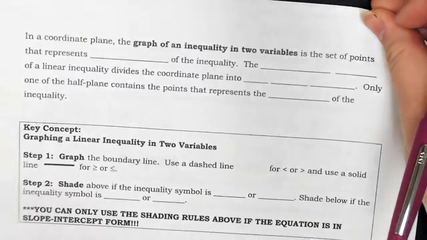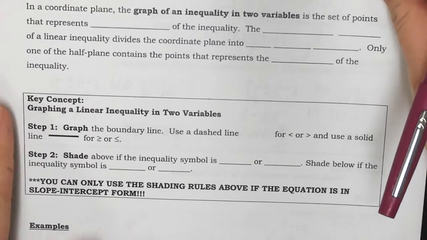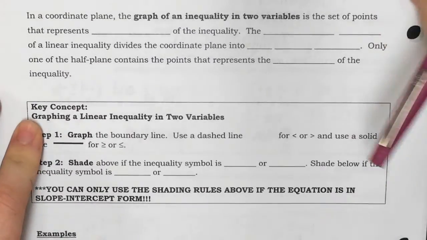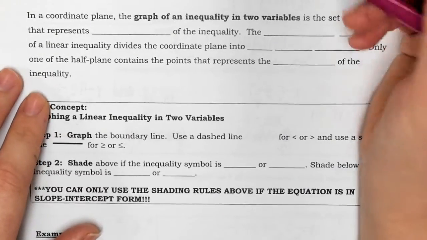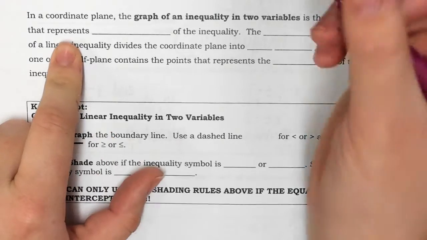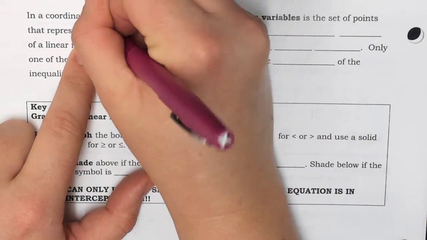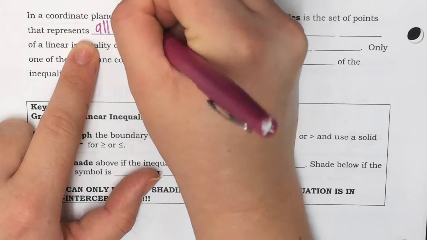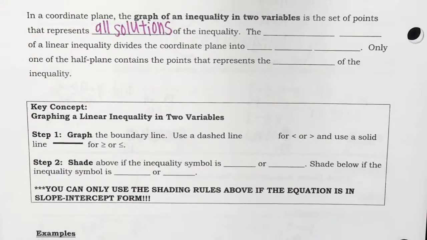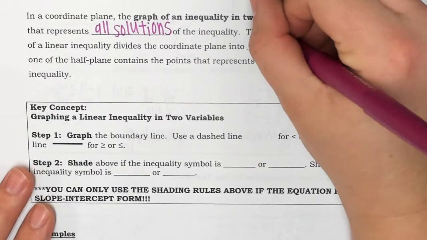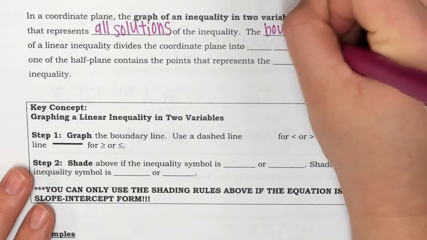Okay, go to the next page. So when we're graphing these linear inequalities, it is going to represent the set of points of all solutions. So we're going to be able to graph whatever would be a solution to this equation. The line we are going to draw is called the boundary line.